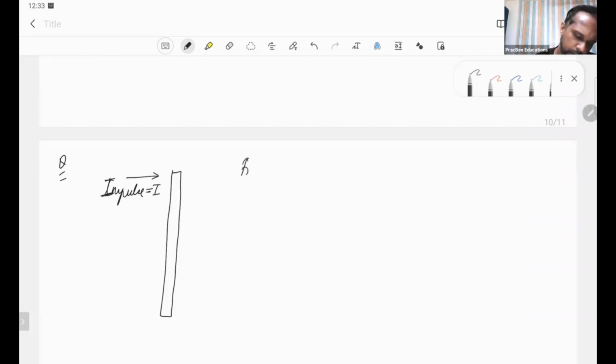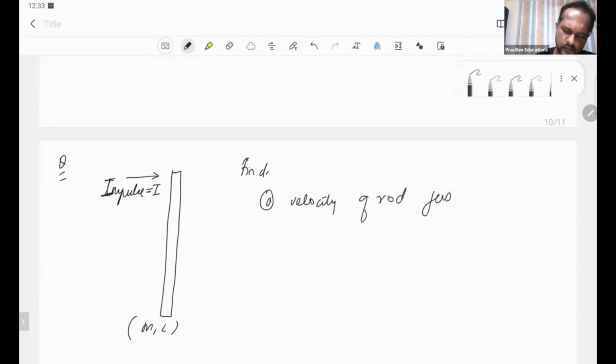So find, and rod mass is M and length is L. Find the velocity of rod just after this application. Like you just hit it with a hammer, and I is given to you.